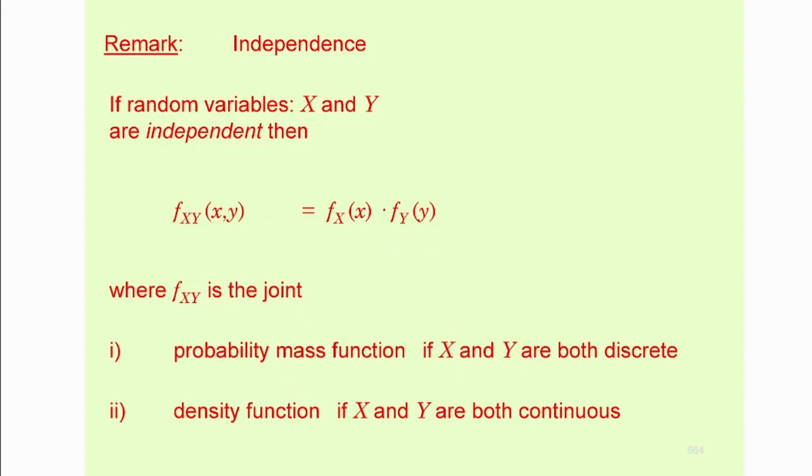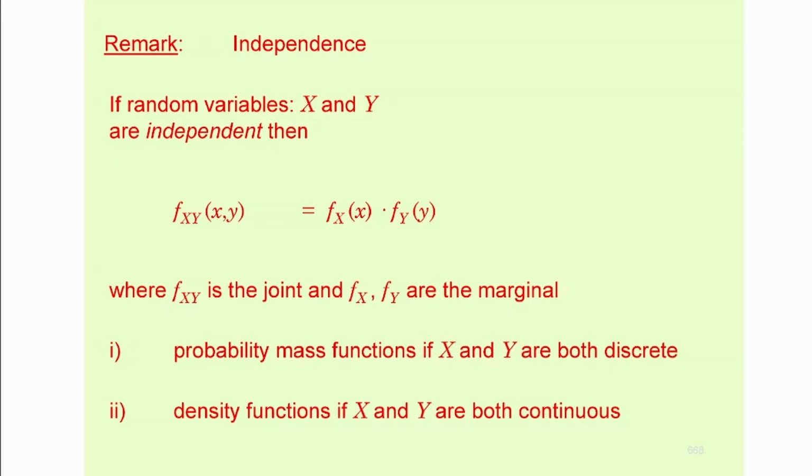And that is also true for the continuous case, by the way, when you look at densities. Most of the time, they're either both discrete or both continuous. If that is not true, it is something you would not need to consider.